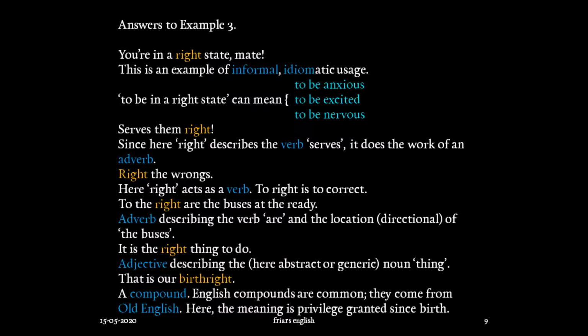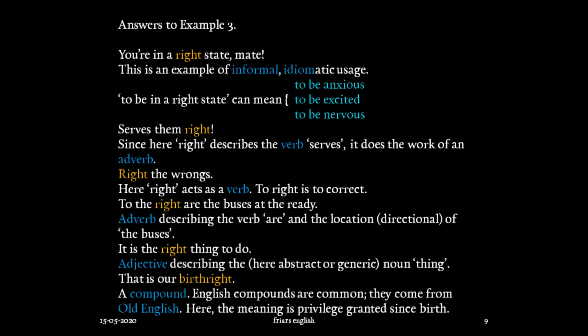And here, as you can see, the only word that can play the role of a verb is right. So it's a verb here. To right something means to correct something. And wrongs here is in the capacity of a noun.